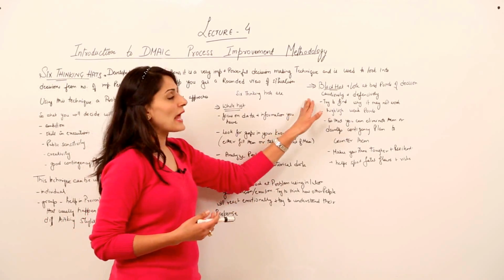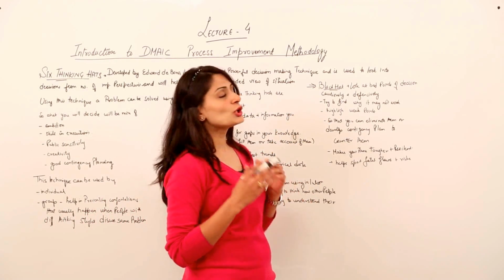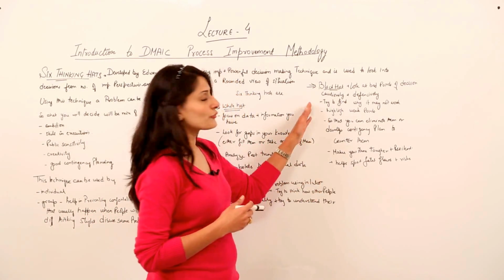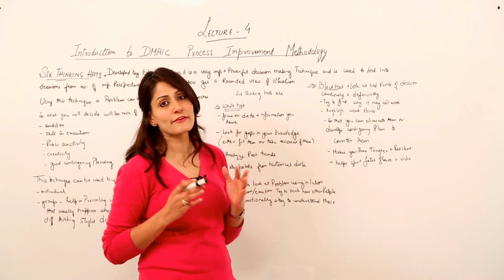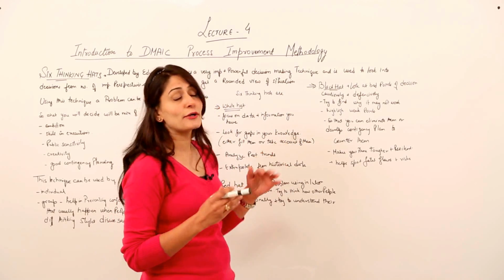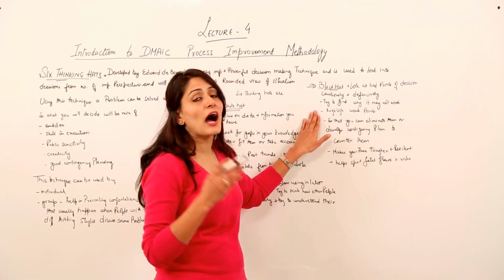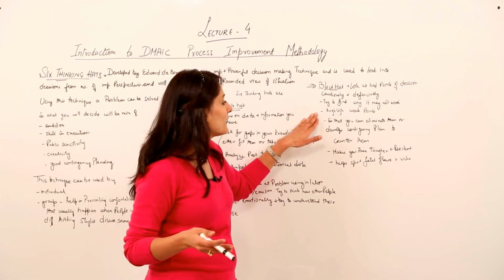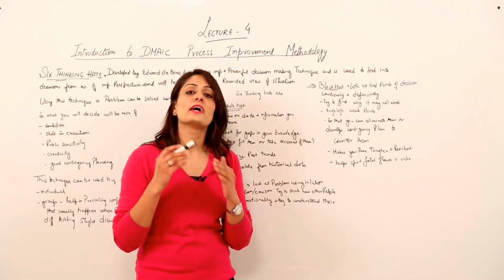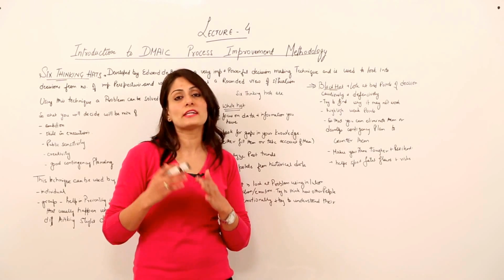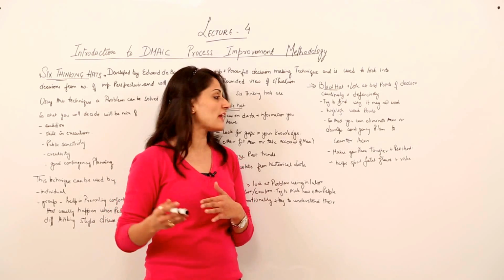Then comes black hat thinking. Here you look at all the bad points of your decision consciously and defensively. Then you try to find out why your plans may not work, and you highlight the weak points of your plan so that you can either eliminate them or develop contingency plans in case they fail.